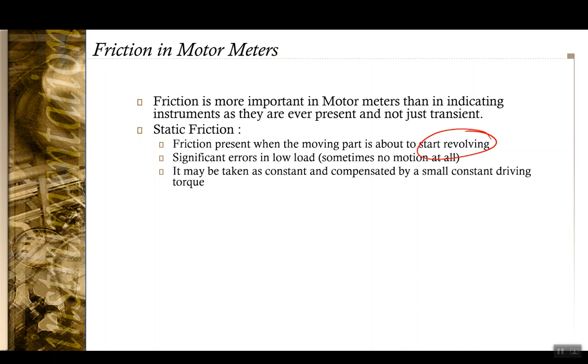Due to the static friction, when a small rate of rotation is expected, you may end up with zero rate of rotation. Therefore, to compensate for it, you need to add a constant small compensating driving torque into the system, so that this static friction can be counteracted.